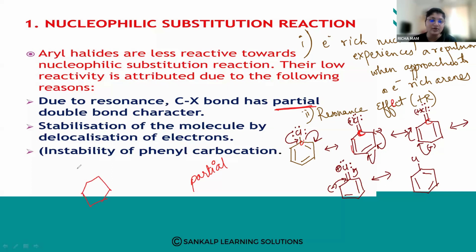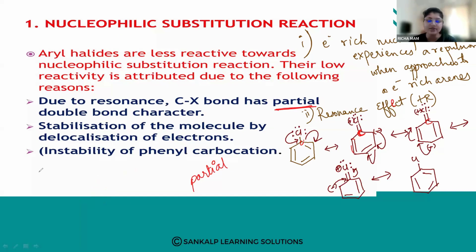This is your haloarene, and I want to substitute it with another nucleophile. I should break this C-Cl bond and introduce the nucleophile on it. But breaking this bond in the haloarene is a very difficult task, so it is less reactive towards nucleophilic substitution reaction.